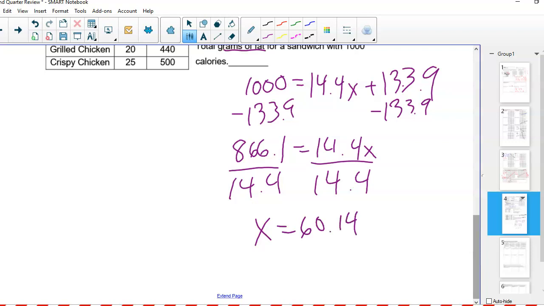So in this case, when you solve for x, you get 60.14. Now, if you round it down like we normally do, if we put in 60, we wouldn't get 1,000. We need to get over 1,000. So we have to round this up to 61. So yes, the answer is still 61.